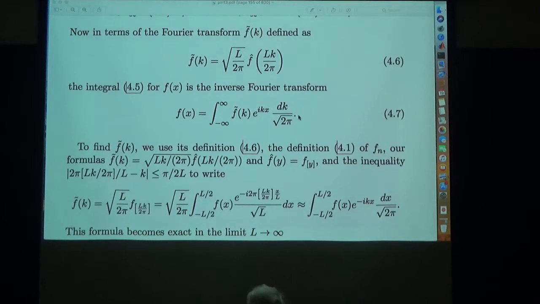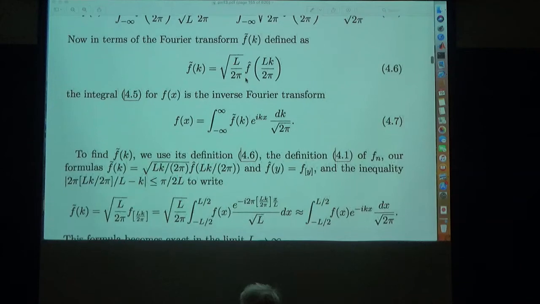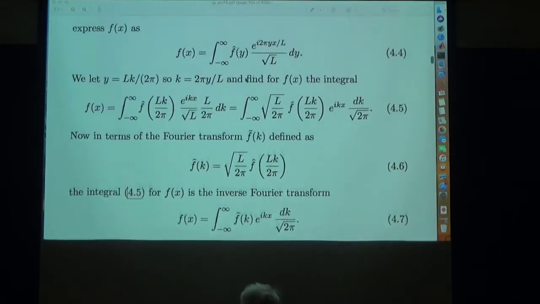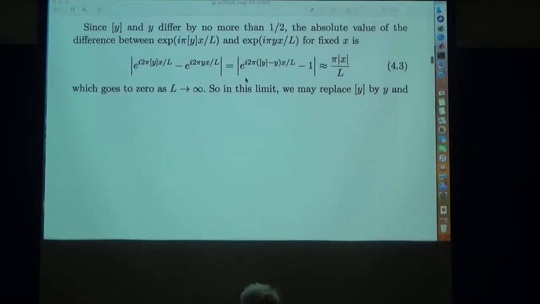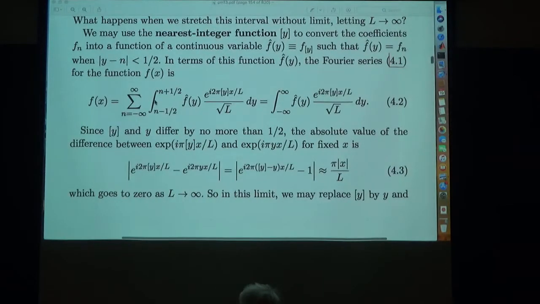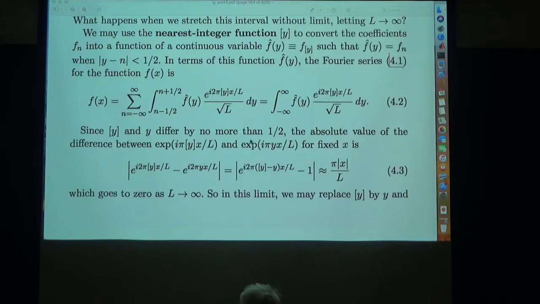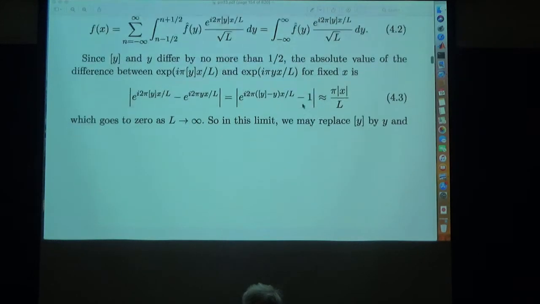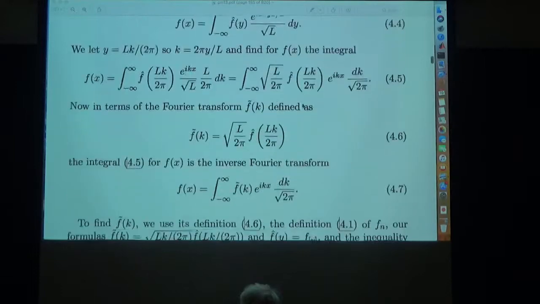And then to invert things, we go back to what f tilde is. Well, f tilde is this thing, and this thing, in turn, was defined in terms of the greatest integer function.